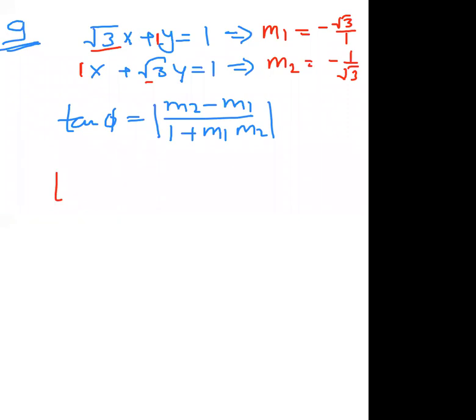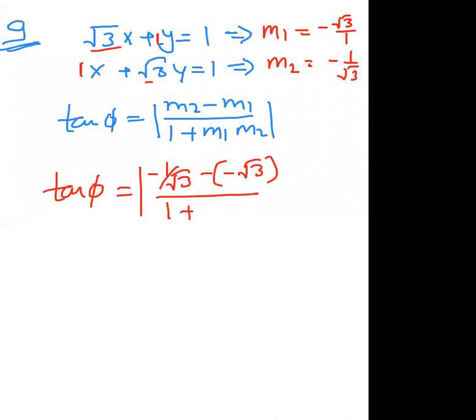We need to calculate phi. So tan phi is equals to m2, that is 1 upon root 3, minus m1, that is minus root 3, upon 1 plus minus root 3 into minus 1 upon root 3, mod.